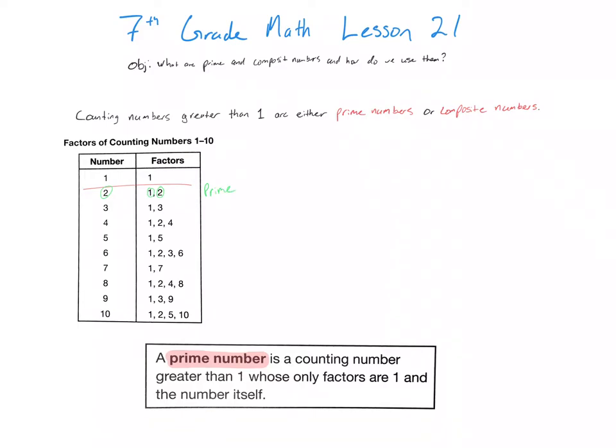I'm also noticing 3 is also a prime. Now 4, notice it has 1 and 4, but it also has 2.